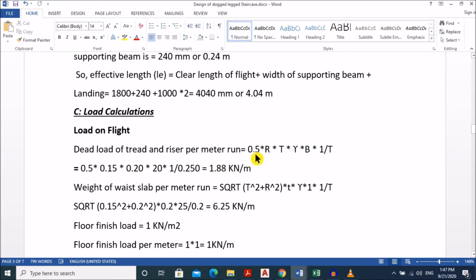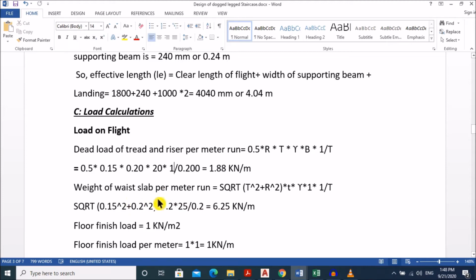This is the formula for dead load of tread and riser: 0.5 multiplied by riser R, 0.15, multiplied by tread 0.2, multiplied by gamma, and 1 by tread, and 1 is the breadth of the flight.